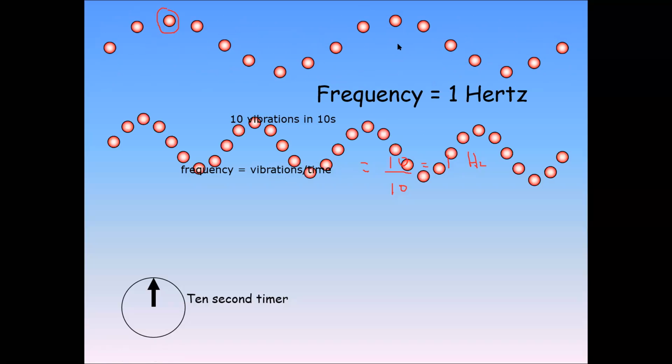What about the second one? It will be fast, so maybe you find it difficult to identify, but try. Just focus on one point, one particle, and count the number of vibrations.